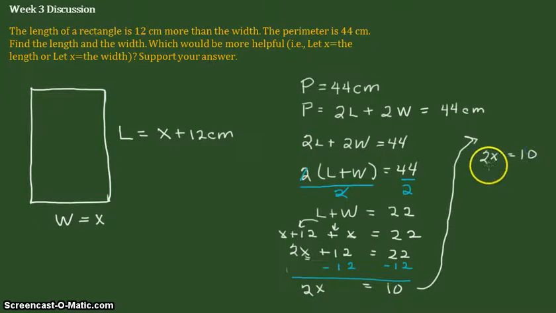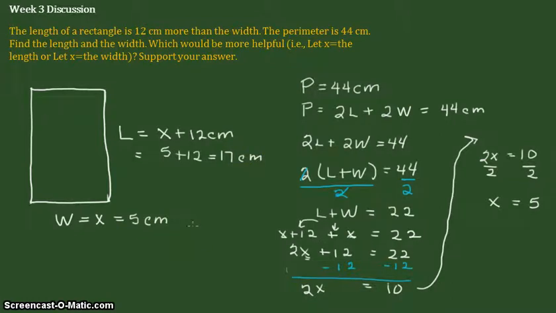If we divide both sides by 2, then x is going to equal 5. So we know that our width is going to equal 5 centimeters, and our length is going to equal 5 plus 12, which is 17 centimeters.